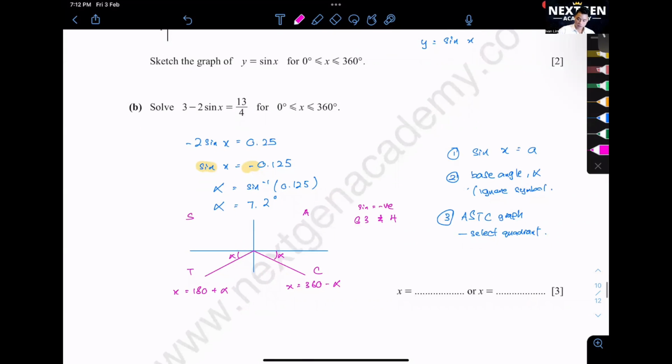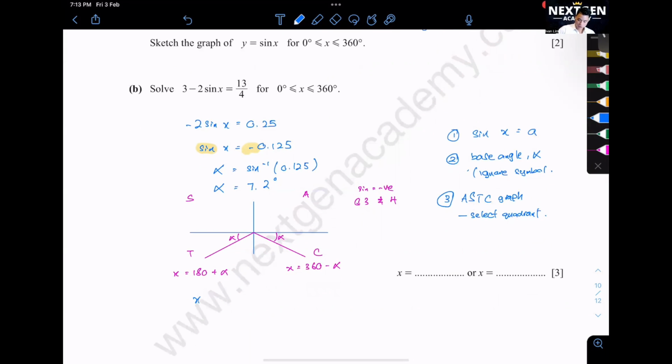Then go and calculate it. So x is equals to 180 plus 7.2 degrees. This one is 360 minus 7.2 degrees. Which you'll get 187.2 degrees. This one you'll get 352.8 degrees.